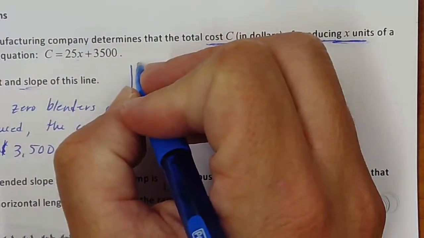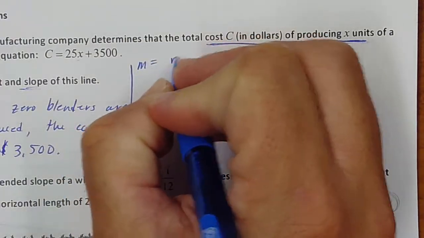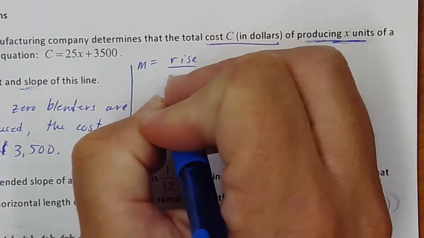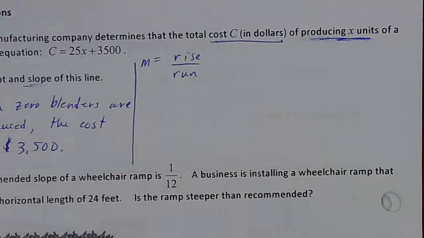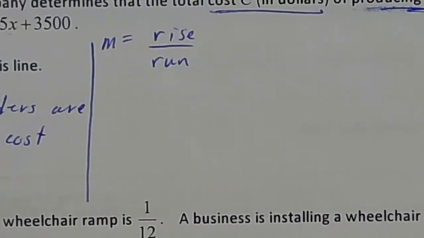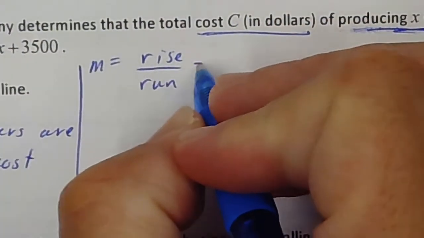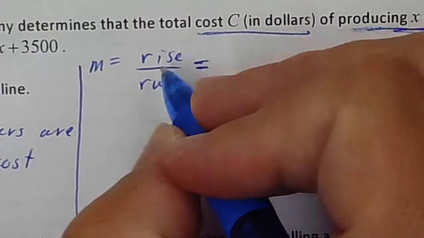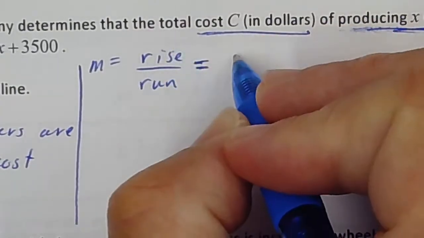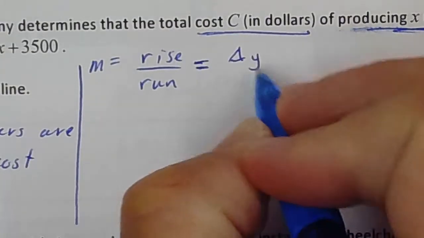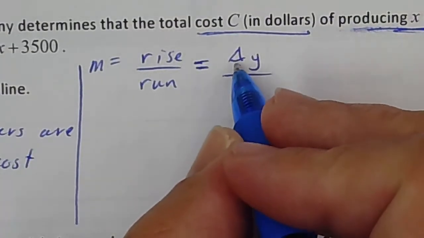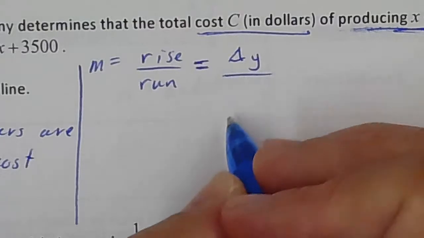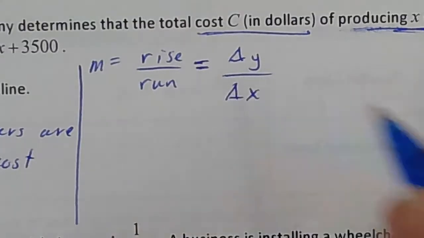All right, get back to what slope really means. Remember, slope, by definition, write this down please so you have this format, is rise over run. Okay, well, rise, really we're looking at a graph. What does rise really mean? It means the change vertically, up and down, the change in y. A lot of times in math we use a triangle to represent change. So change in y over the change in x.